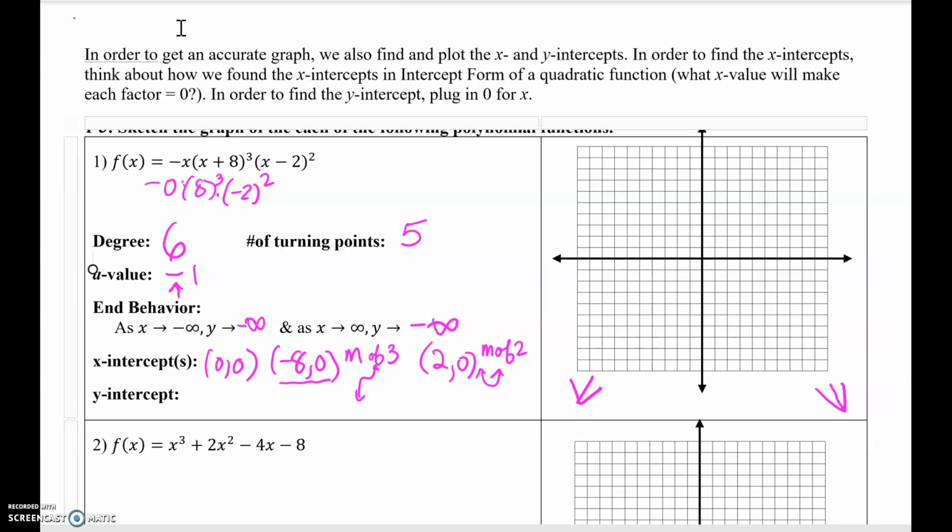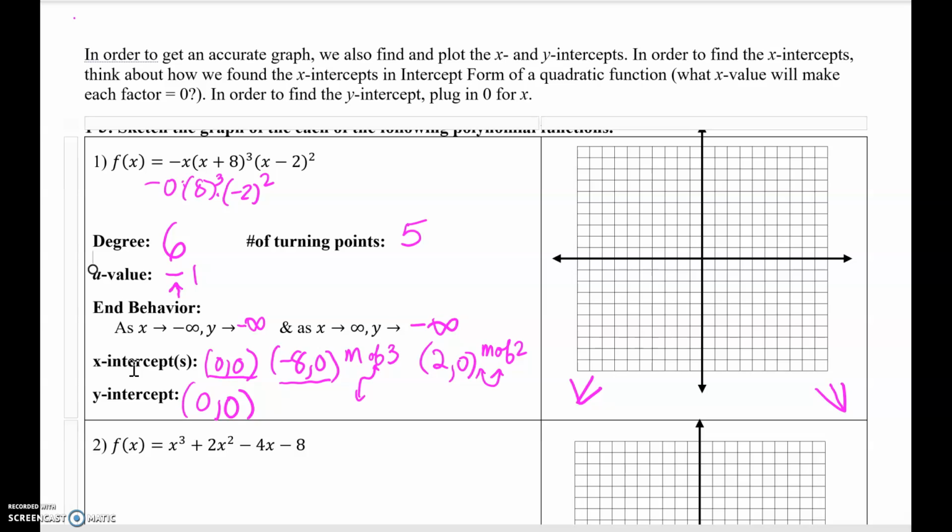Times that by 4, because 2 squared, but then remember we times it by 0. So the y-intercept is (0, 0) in this case. So whenever we have an x as a factor, we have the x and y-intercept at the origin, which is just something kind of nice.